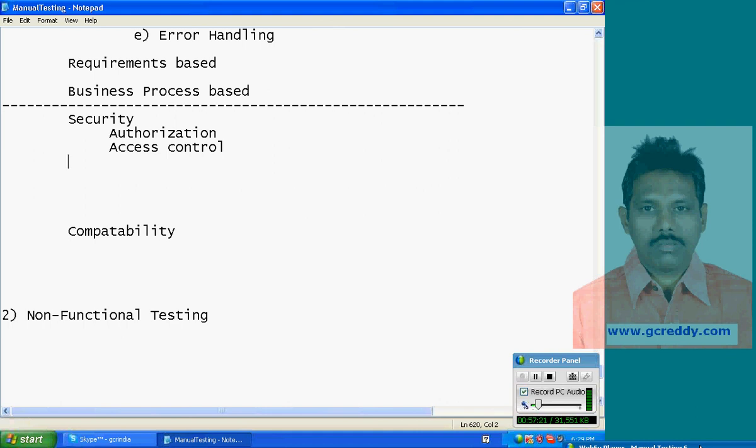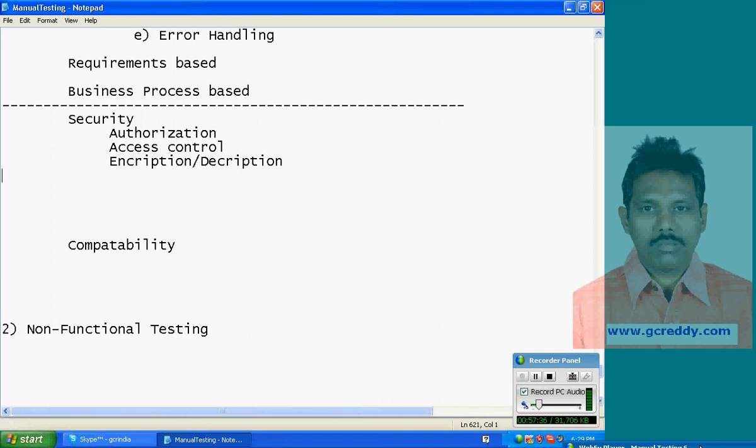Next, encryption and decryption. Next, nowadays one more concept is also important, that is virus attacks. Verifying how the system is preventing virus attacks.